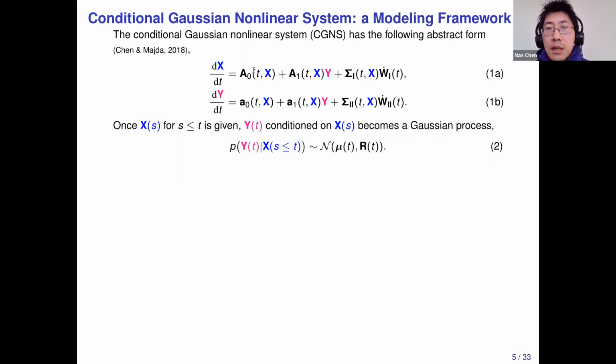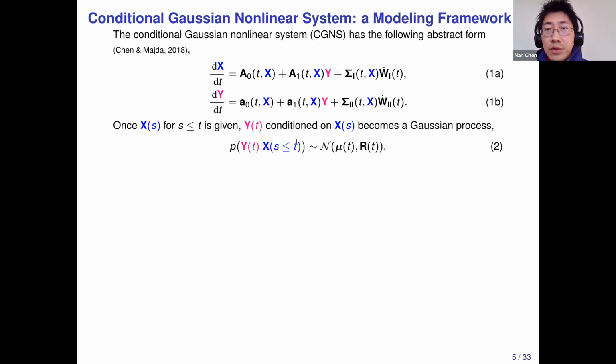So intuitively, you can think if X is given, then all these coefficients will be known, right? So in terms of Y, it will be a linear system conditional on this X. And therefore, if it's a linear system with a fixed coefficient for the Gaussian noise, then the statistics will be Gaussian. So that's why we call this a conditional Gaussian or conditional linear system.